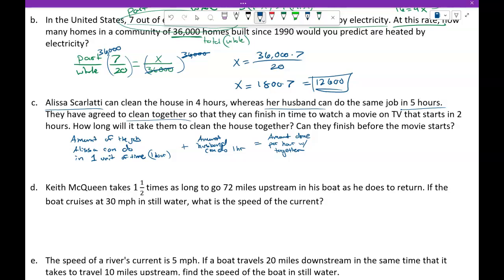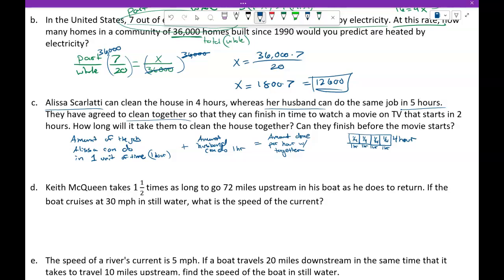Well, say it takes Alyssa 4 hours to do the job. Well, it's broken up into 4 increments. Every hour, she's completing 1/4 of the job.